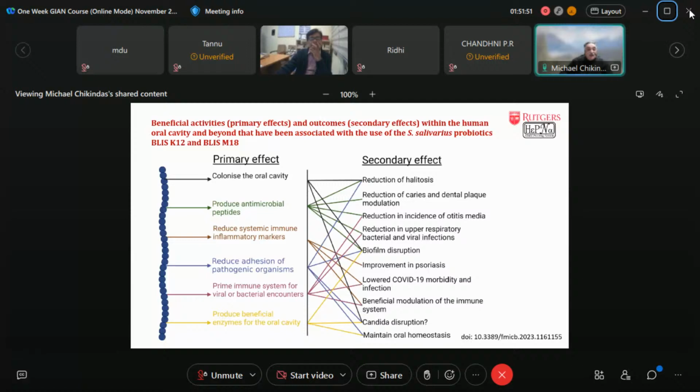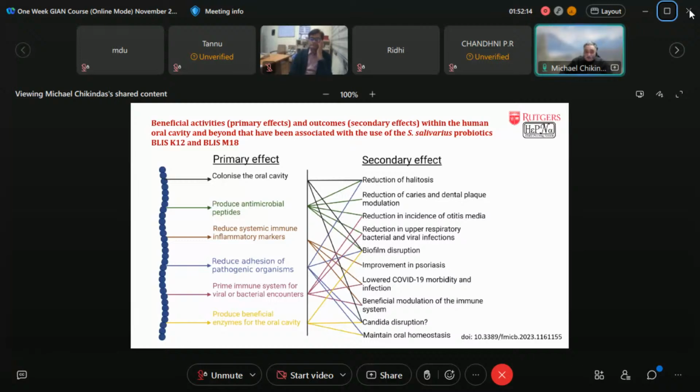I want it. All right, primary effects of probiotics, of course: colonization, production of antimicrobials, competition with the pathogens, reduction of their adhesion, modulation of the immune system, and production of beneficial enzymes which contribute to the overall health.